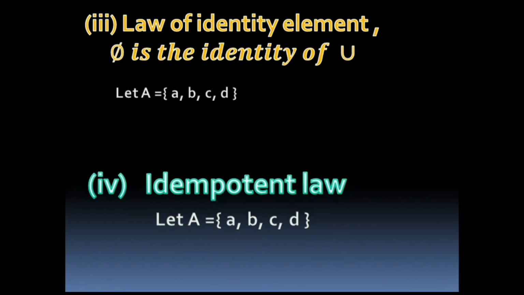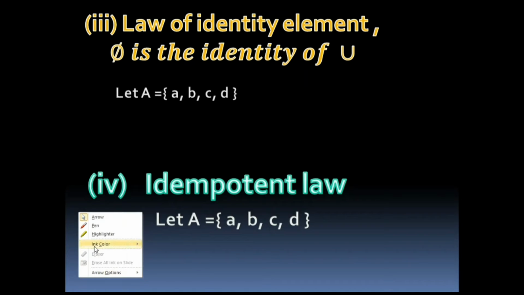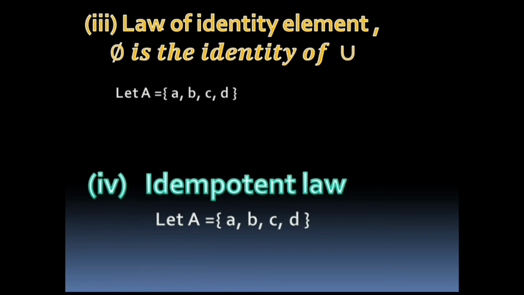And then the law of identity element. Here this is our empty set. Like I told you, in addition the identity element is 0, isn't it? 10 plus 0 is 10, no alteration of the value.